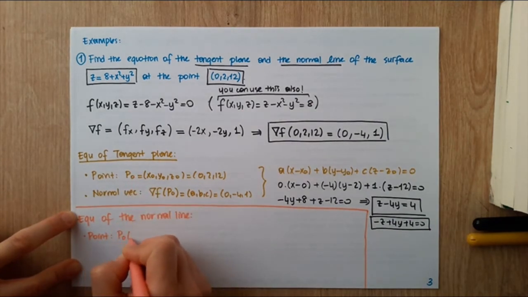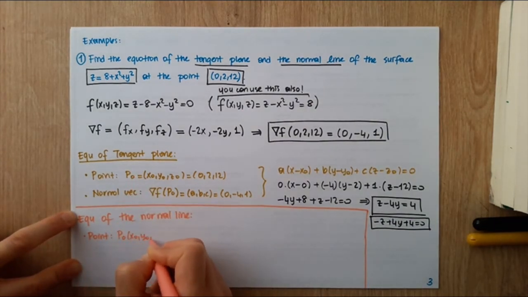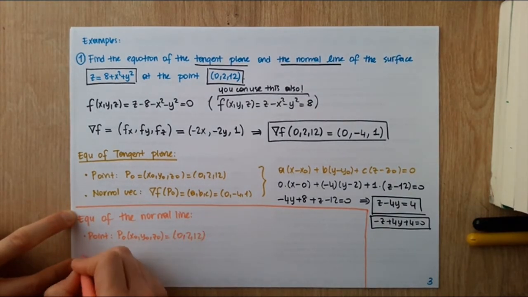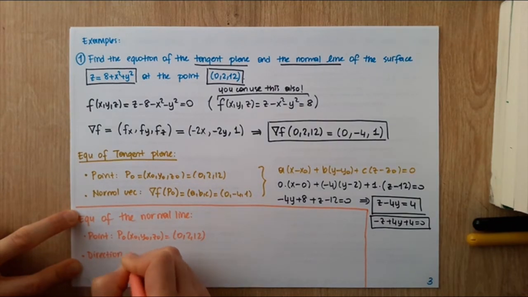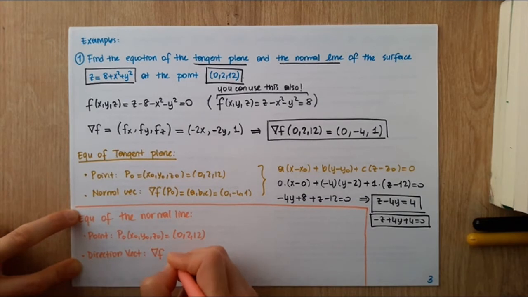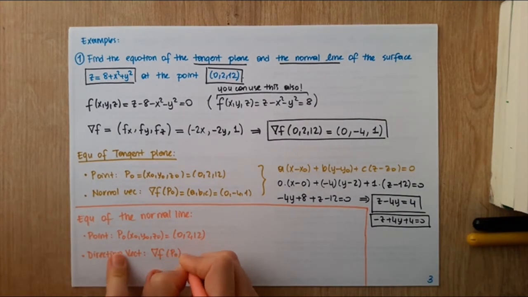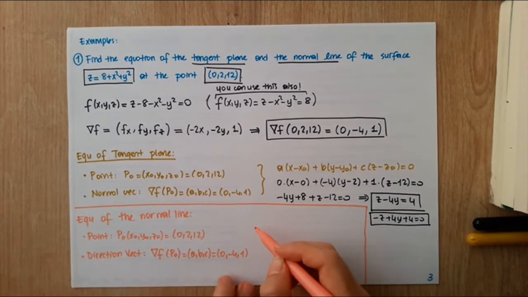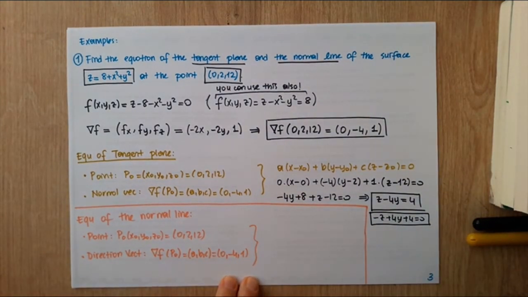It is p0, x0, y0, z0 equals (0, 2, 12). And we need a direction vector. The direction vector is again the gradient vector evaluated at p0, which is (A, B, C), and it is (0, minus 4, 1).